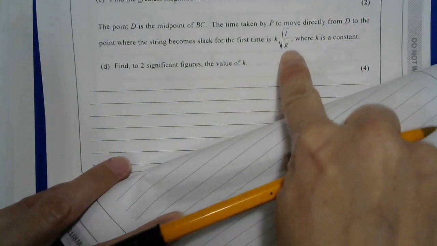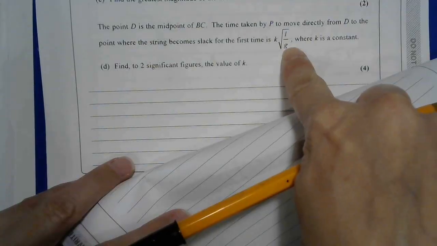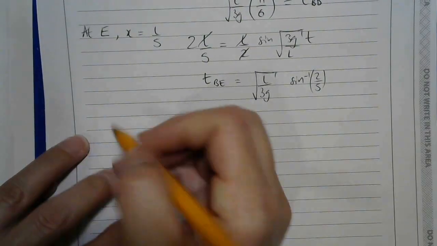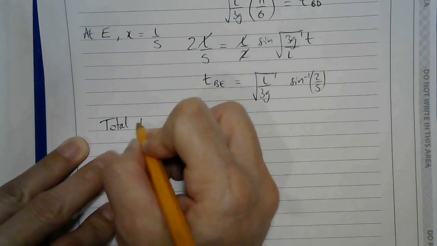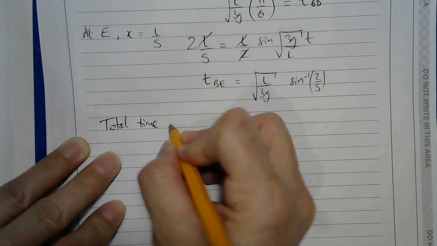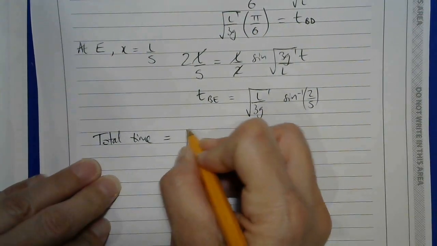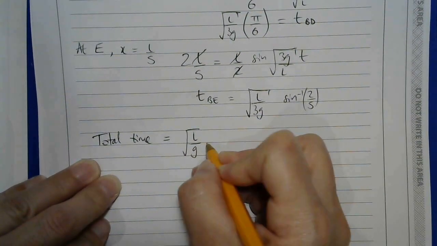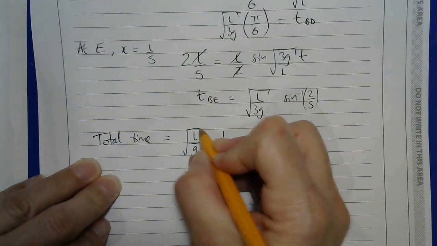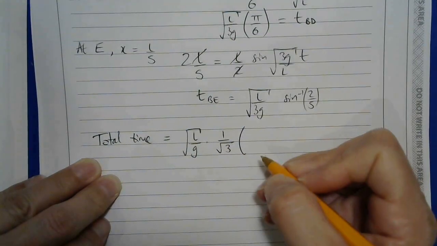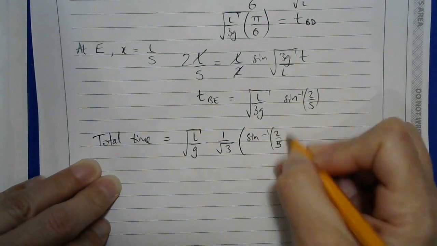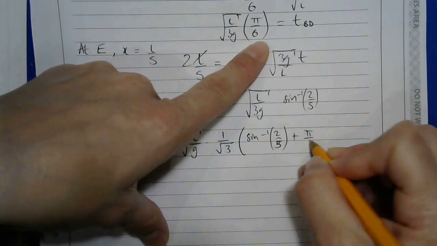So therefore, they wanted k to 2 significant figures, so I need an L over g, so I need no square roots in here. So the total time will be this plus this. So I've got root L over g times 1 over root 3, taking that root 3 separately because I want it separate, multiplied by inverse sine of 2/5 plus pi over 6.